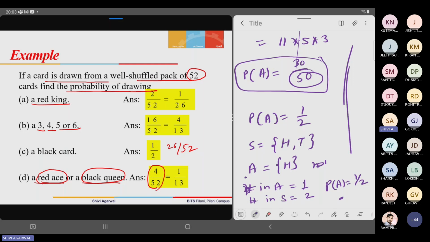And what is the assumption we have to take? They should be equally likely. In the deck, there are 2 red aces.